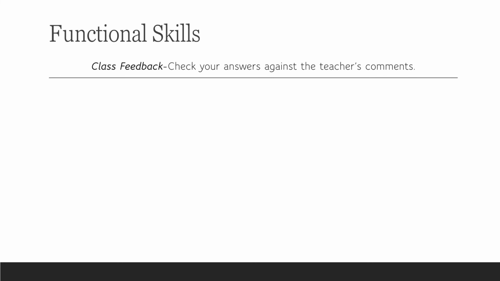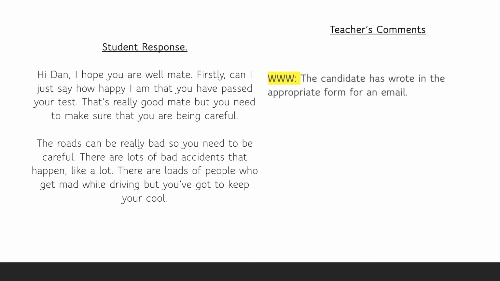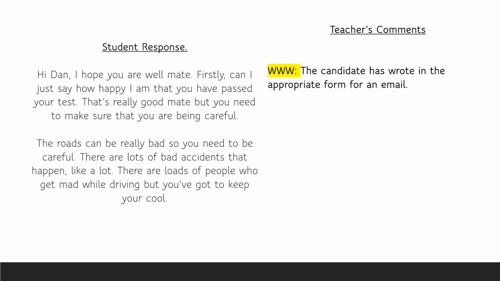So class feedback, check your answers against the teacher's comments. Here we have the same response on the left hand side, and this is what the teacher said when it got marked. So first thing was, the candidate has written in the appropriate form for an email. The response has used colloquial language, which is a good thing to know, and that is talking about slang.